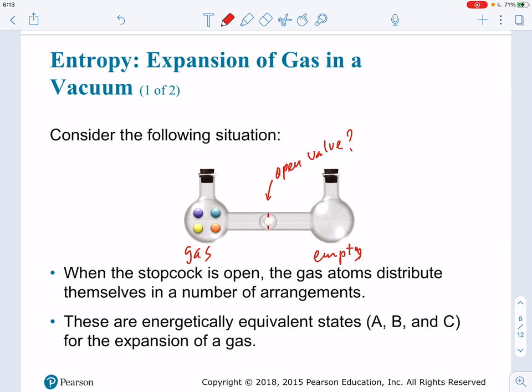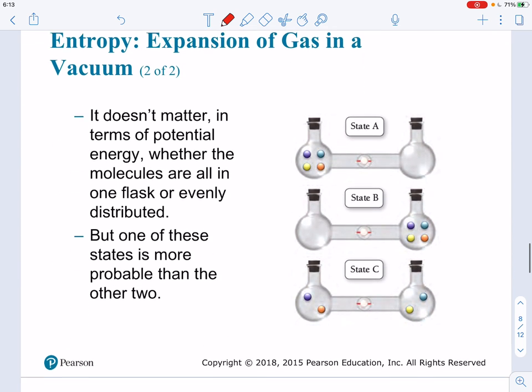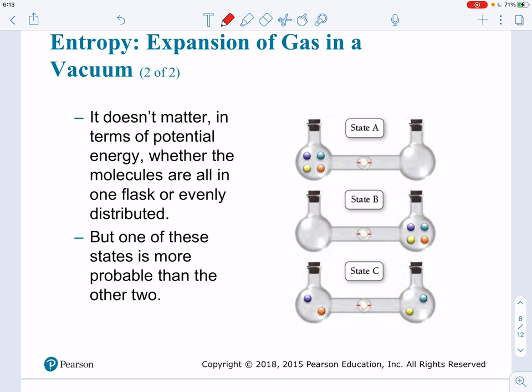But technically, if we didn't know anything about how matter behaves, we can assume that there are three possibilities here. One possibility is that all the gas molecules stay right where they were before. Let's say the first one is nothing happened.